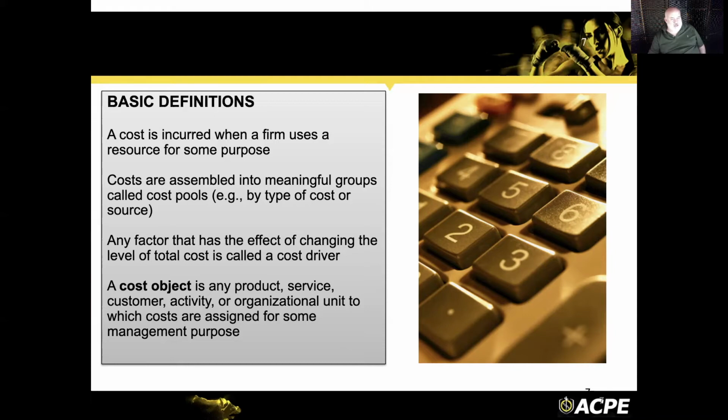So in that case, the cost objects could be bread rolls, and the cost being allocated to it are the flour, water, yeast, okay, and the cost driver could be the number of units produced.